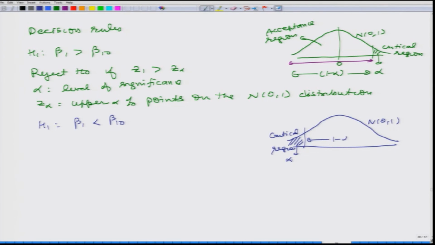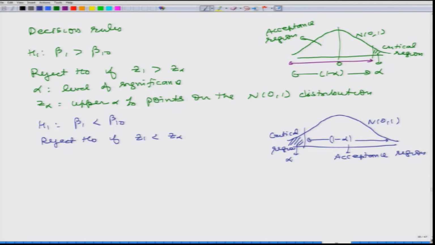This is your acceptance region of size 1 minus alpha. In this case I would say reject H naught if Z1 is less than minus Z alpha.